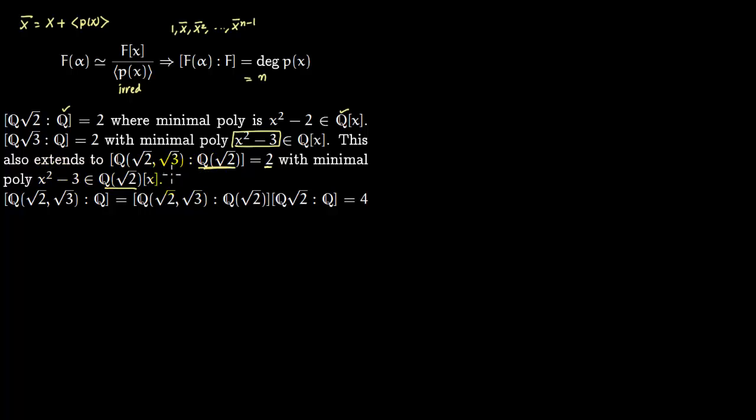Before you can do this, you have to also show that root 3 actually does not lie within this field. Only then you can say that this is a minimal or irreducible polynomial here. So now we can adjoin.